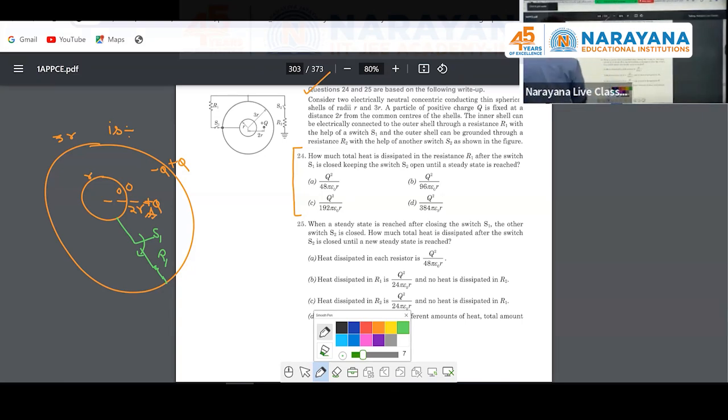What I'm trying to say is, if this is my initial state, I'm using different colors for the different states. Initial state is given. In this problem I want to write the general state, at time T. At this stage, what are the charges we can write? We can write a charge 0 here.